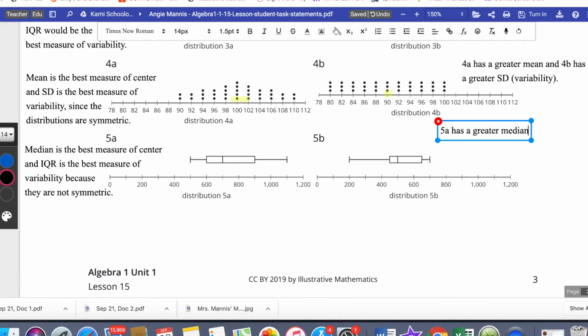Okay, for IQR, we're going to do 900 minus 600, so that's 300. On this one, it looks like that's 7, so we'll say 650 minus 450, so that's 200. So 5A also is going to have the greater interquartile range, IQR.